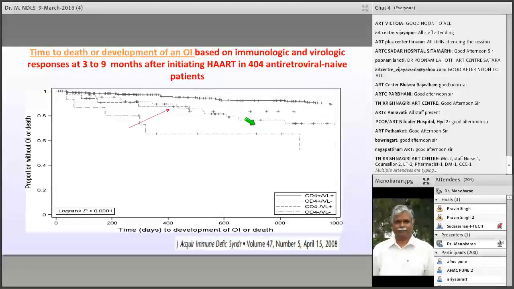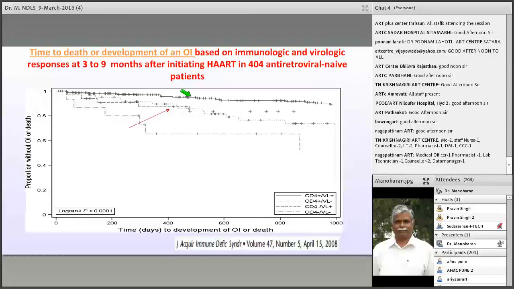And if you look at the Kaplan-Meier curve, you see the immunological non-responders don't fare well like the immunological and virological response people. This shows the time to death or development of an opportunistic infection based on immunologic and virologic response 3 months after initiating antiretroviral therapy.